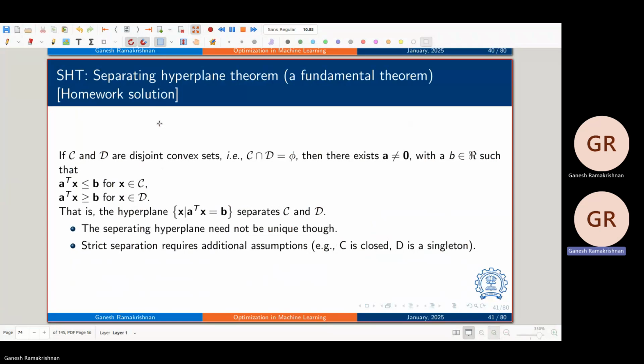See, this is greater than or equal to and less than or equal to. Why do you think strict separation is not trivial? Strict separation requires that C is closed and D is a singleton, if you have to prove it under all conditions.